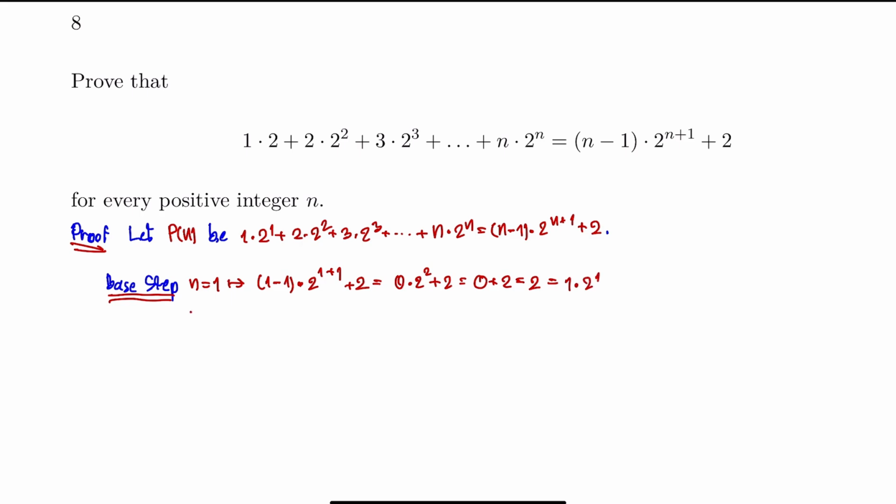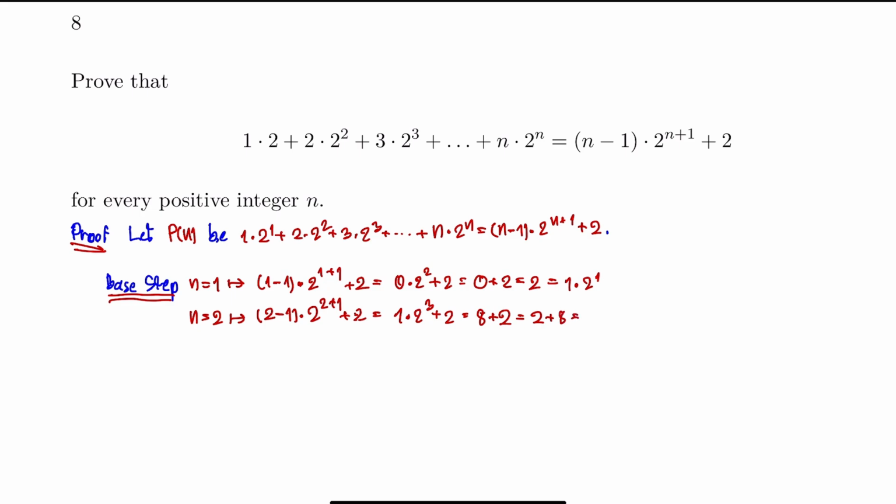Okay, if you are not so sure, let n be 2 and let's see if it holds. So we have 2 minus 1 times 2 to the 2 plus 1 plus 2. So we have 1 times 2 to the 3 plus 2. 2 to the 3 is 8, plus 2. So what is 8 plus 2? It is 2 plus 8.